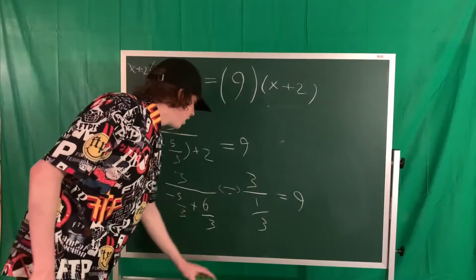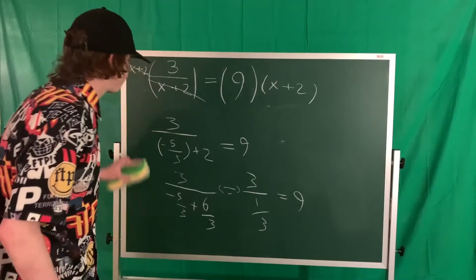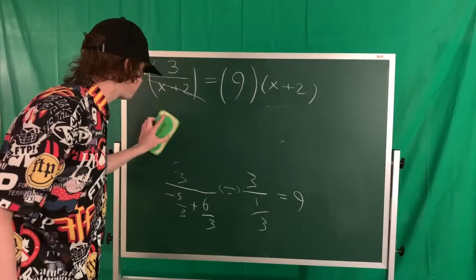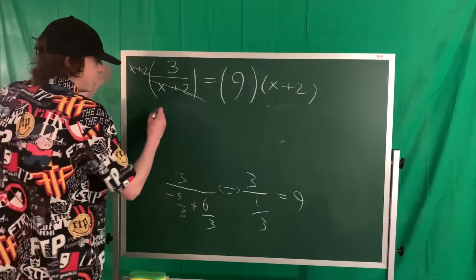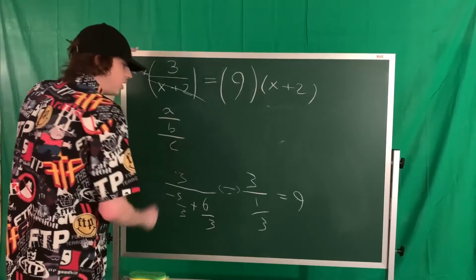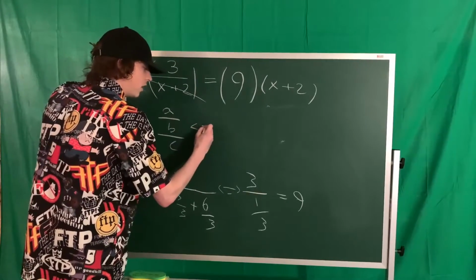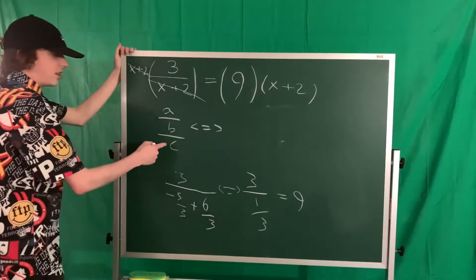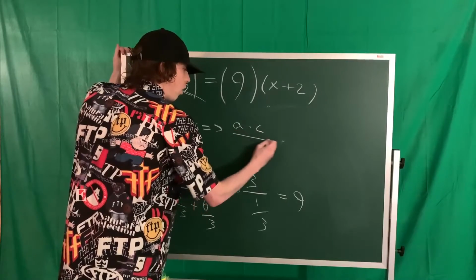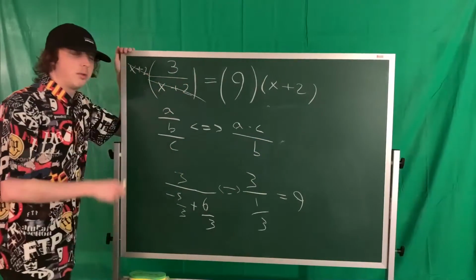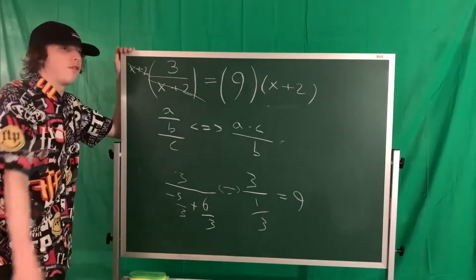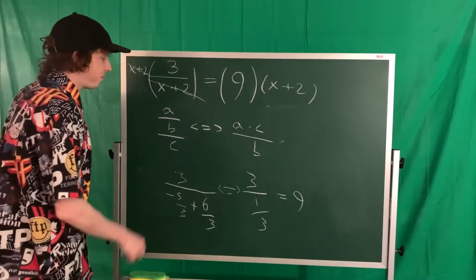If you have a problem, and I'm going to erase this if that's okay, where you have, let's say, A over B over C, this is the same thing as A times C over B. And you're going to be utilizing this all the way up through calculus as well, and so on and so forth as you go higher up in math.